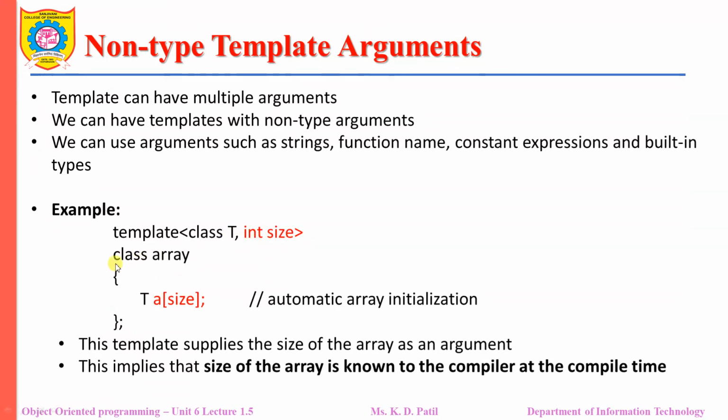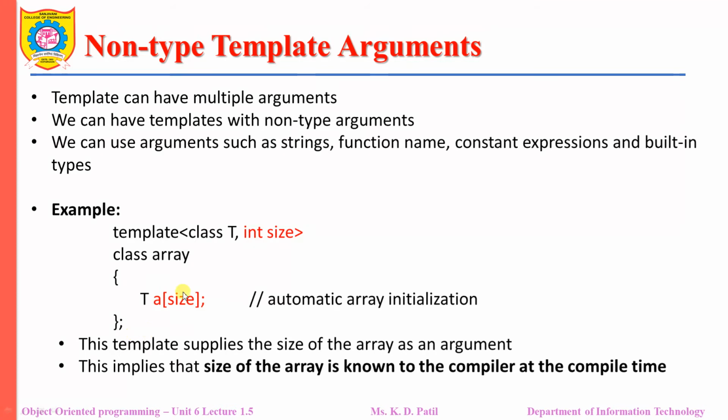And here we have the class array, and here a of size, a of some size, that is an automatic array we can create of any generic type. T here is declared as any data type.